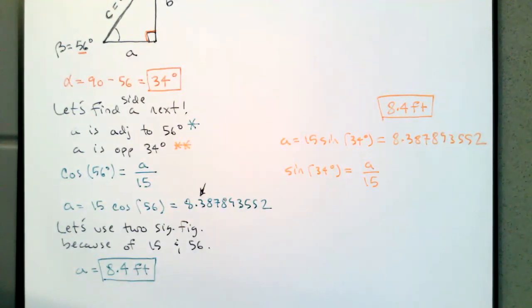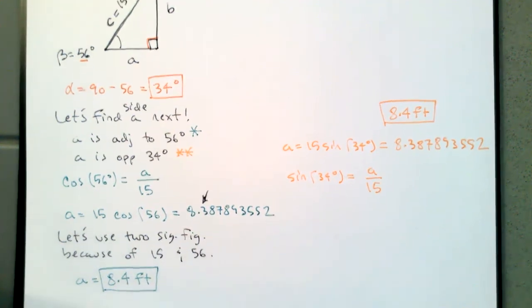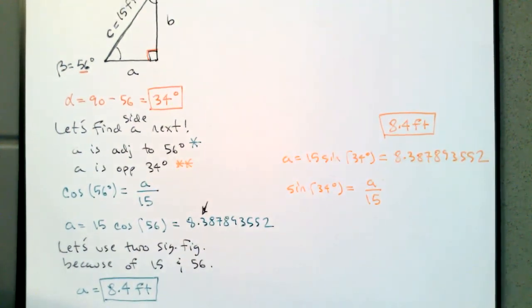We have 2 sides, so we could use the Pythagorean theorem, or we could read B as being opposite the 56 or adjacent to 34.